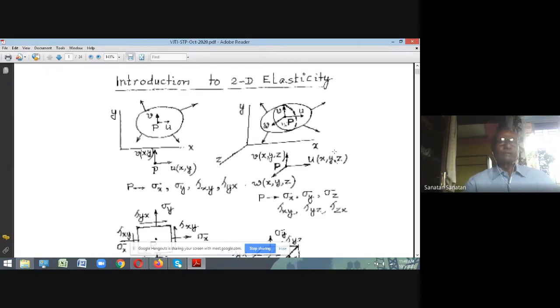Now, coming to today's discussion, my job is first of all to talk about what stress analysis is and what the mathematics involved in stress analysis is. Basically, in any area, whether you talk of stress analysis, there is a certain procedure of analysis, and finally it boils down to differential equations.